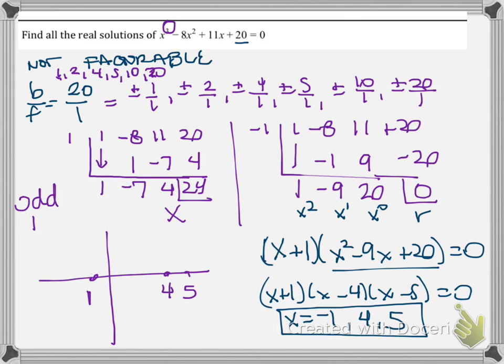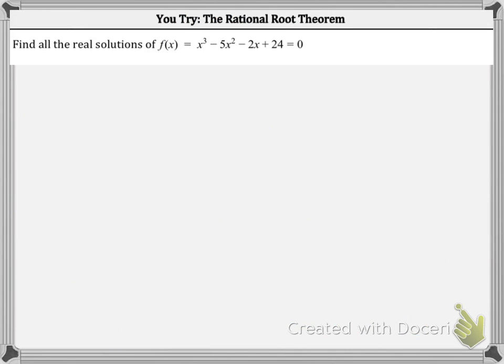Leading coefficient is positive, so that means the ends go in opposite directions. We also know the y-intercept is at 20. So we know it goes up forever on the right, so it passes through the 5, passes the 4, then eventually it passes through the y-intercept of 20, and then comes back down through the -1, and then returns to down forever. So that is eventually what we're getting at. Now go ahead and try the second example.